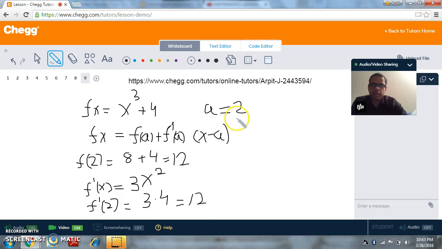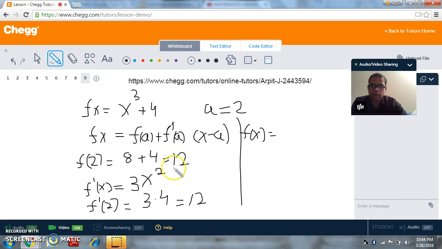So now we have everything that we need to find the linear approximation. So let's plug in these values and find out the linear approximation. So f of x, you're just going to plug in these values that we have just found out.